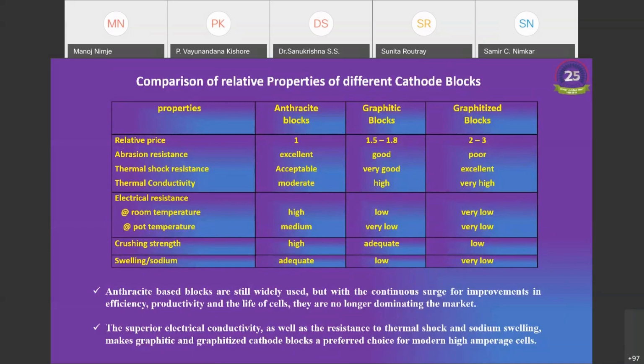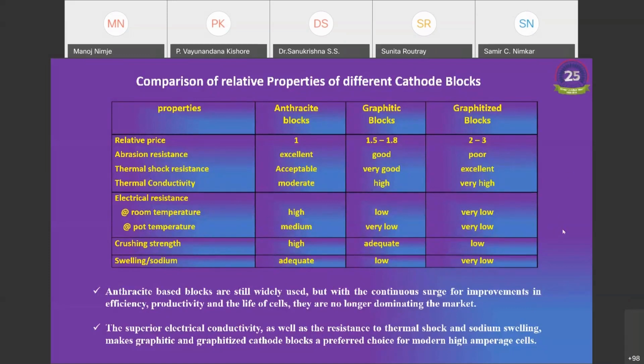Similarly, the abrasion resistance of anthracite blocks is excellent compared to the graphitic and graphite blocks. Thermal shock resistance in the case of the anthracite-based block is acceptable, whereas it is excellent in the case of graphite cathode blocks.